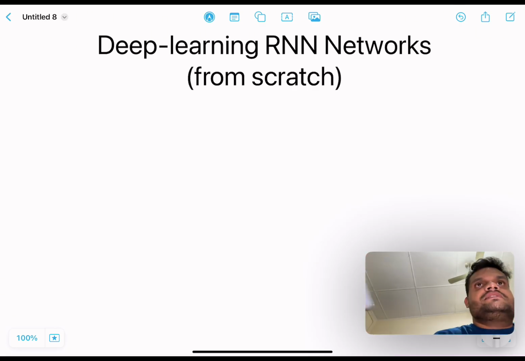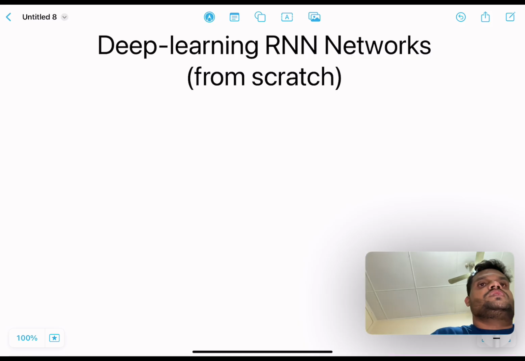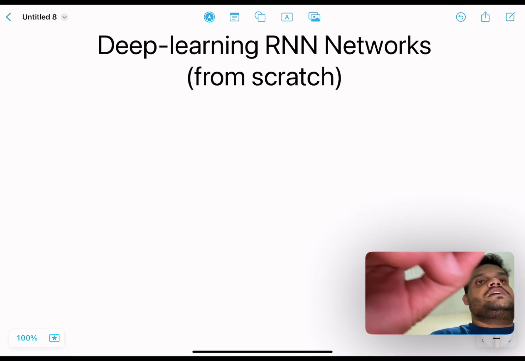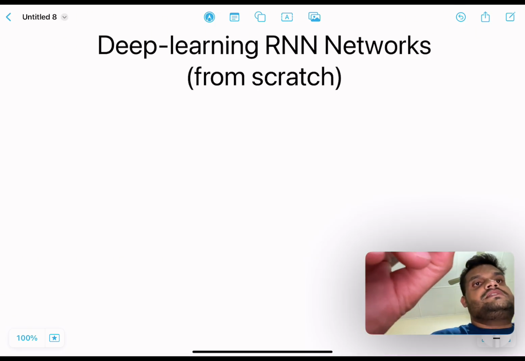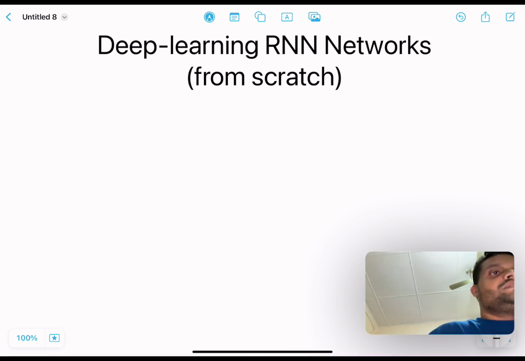It will predict something by looking at the current input as well as the previous inputs. So it always has that bridge between the present and the past. To match that, we have developed a special kind of neural network called RNN, or the recurrent neural network.